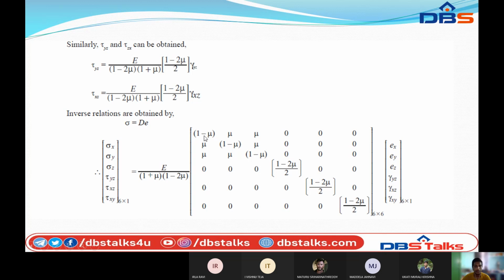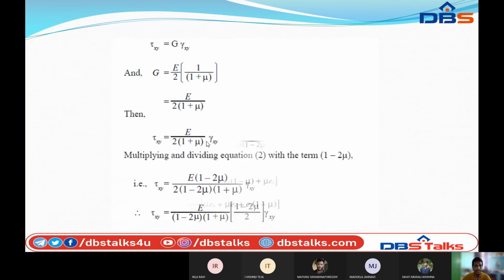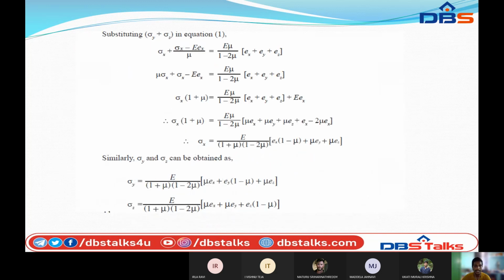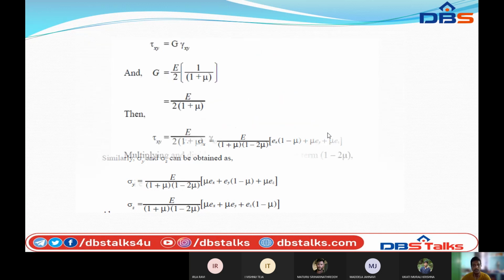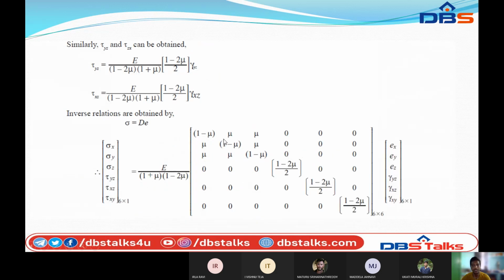Sigma x equals 1 minus mu, mu, mu, 0, 0, 0. This equation is written based on the equation of sigma x: E by 1 plus mu into 1 minus 2 mu, times 1 minus mu, mu, mu, 0, 0, 0. Remember that.